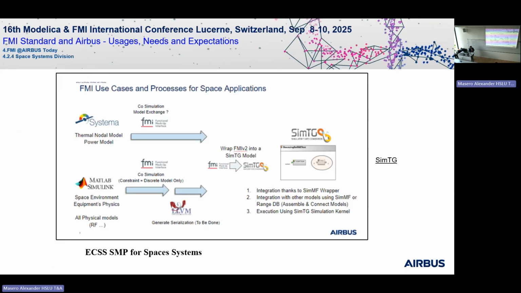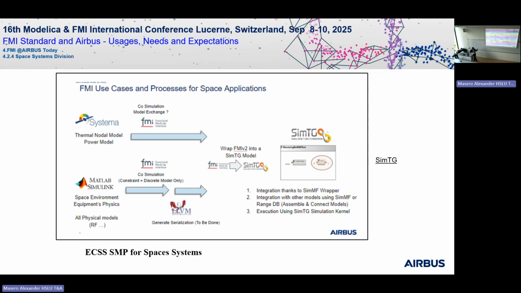Here we have the example of the space systems. Space systems have as constraint the ECSS SMP standard. So they also need to comply with the standard, same as avionics systems. What they did is to build an encapsulation of FMI.